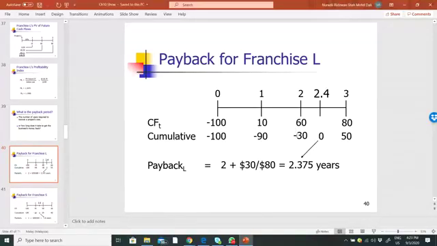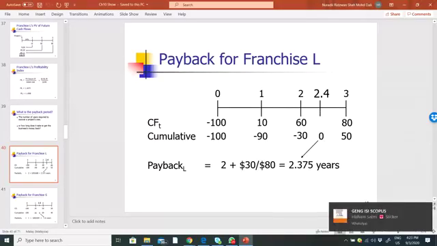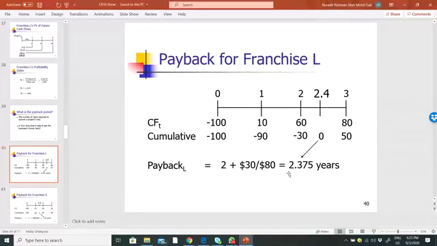You still have 30. So when do you recover 30? It's between the second and the third year. So you calculate 2 years, plus 30 over 80, which is about 2.37. This is your payback period for franchise L.